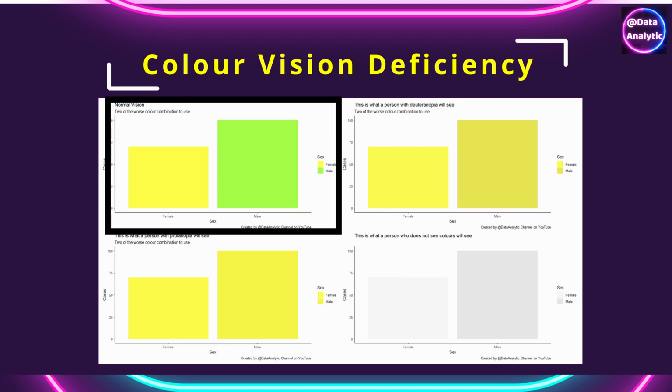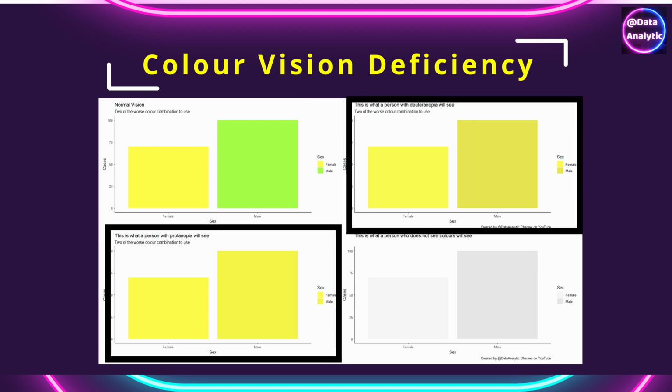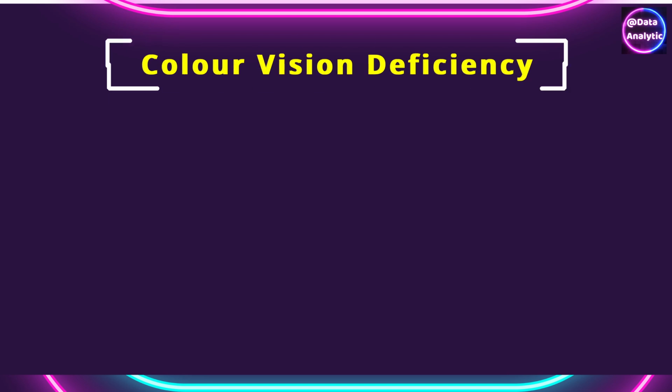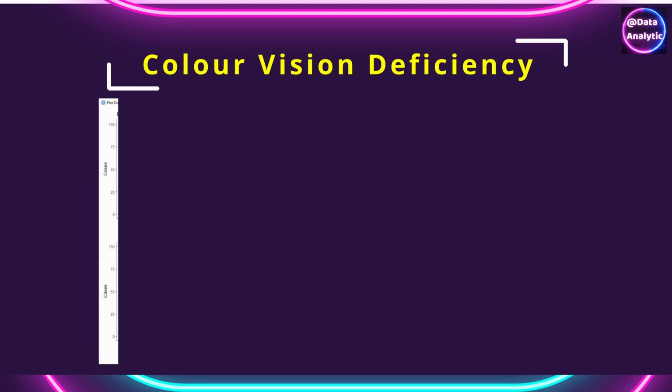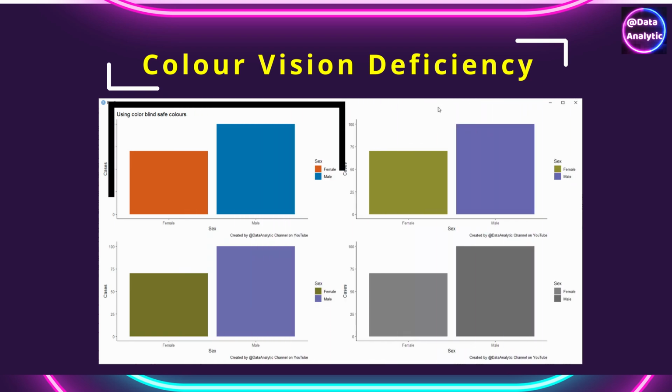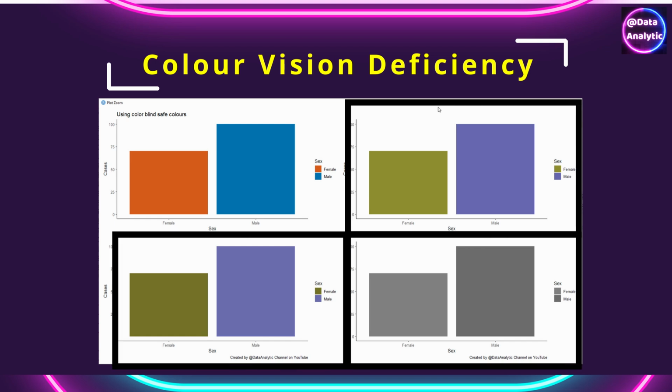Somebody suffering from one of those conditions would see both colors as almost yellow, so they won't be able to distinguish them. So let's try some safe colors. A color combination like this is still distinguishable across different vision conditions.